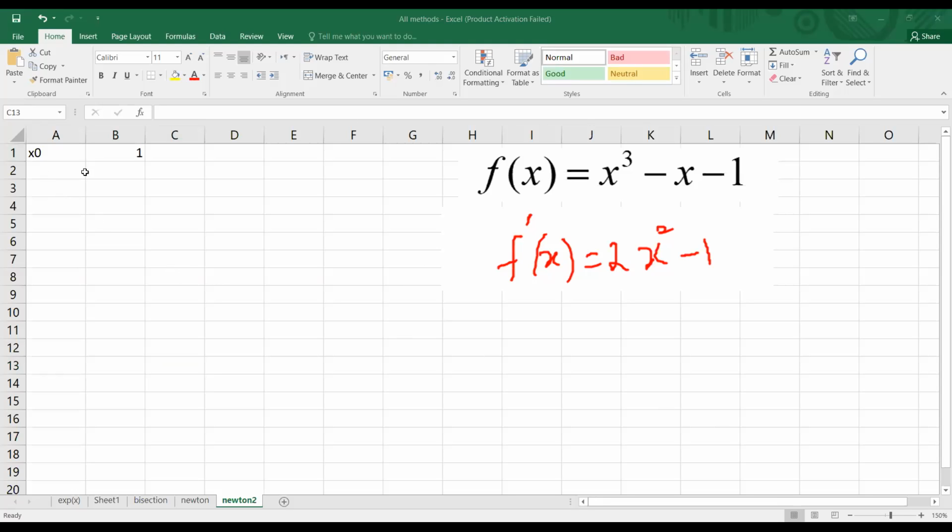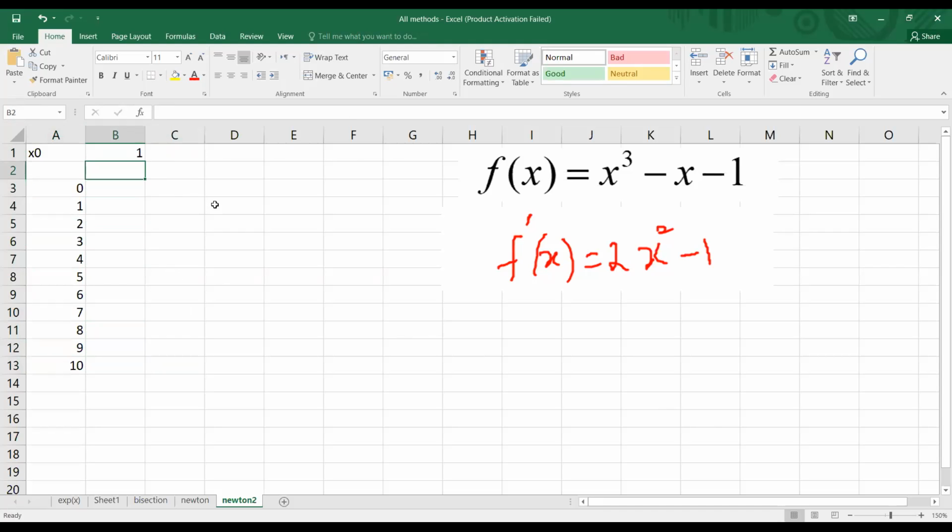Now, how is the new iteration computed? Before calculating the new iteration, we have to make a column in which the iteration numbers are there: 1, 2, 3, 4, 5, 6, 7, 8, 9, and 10.